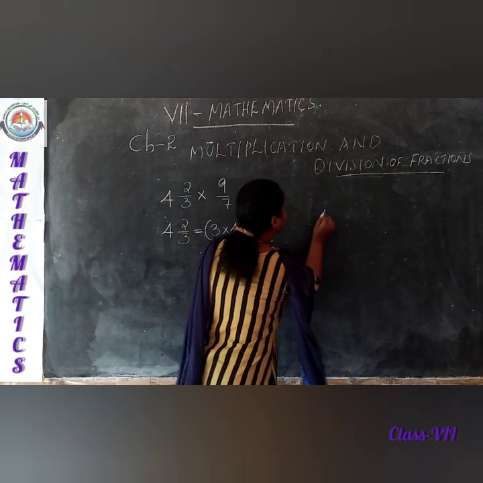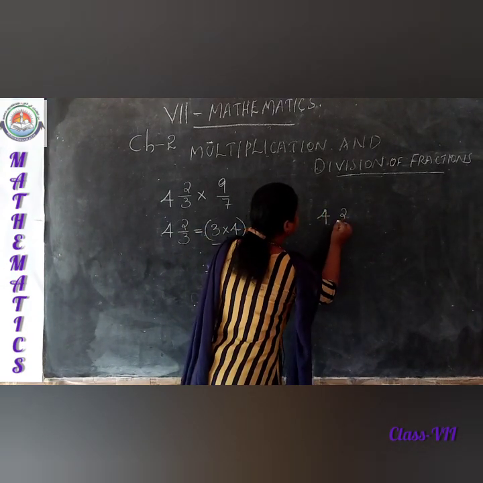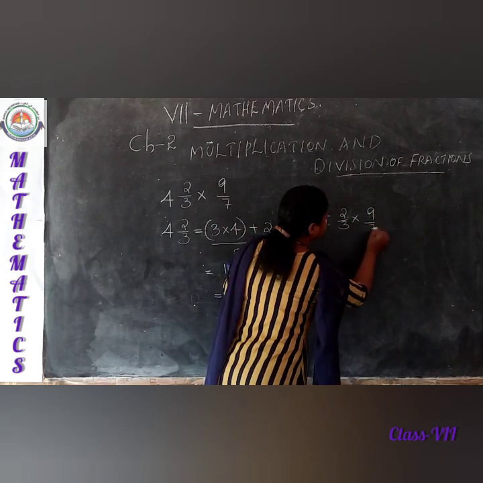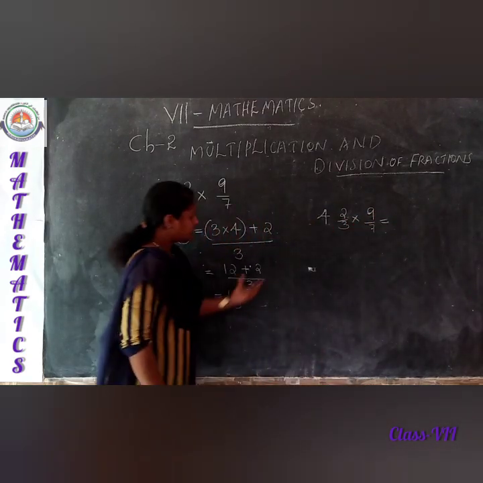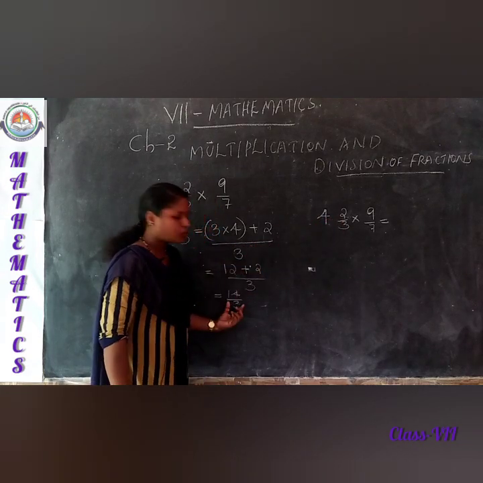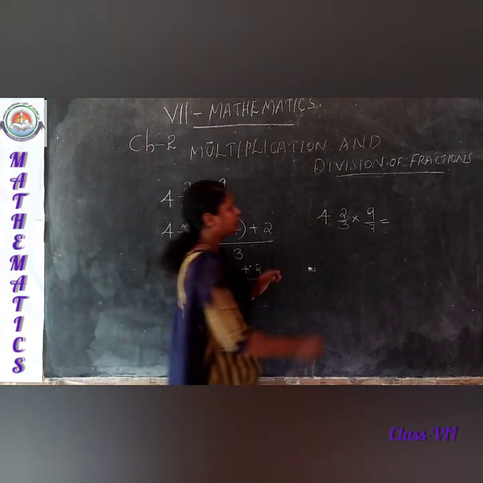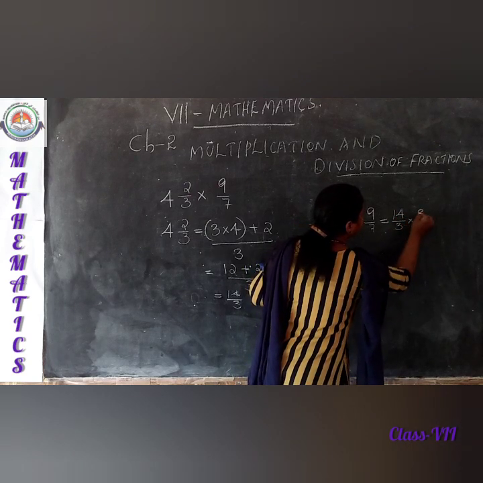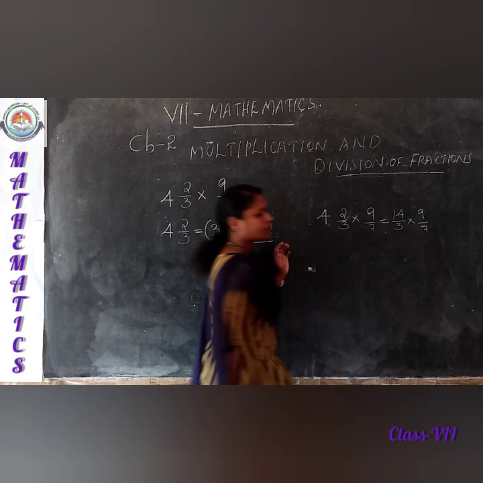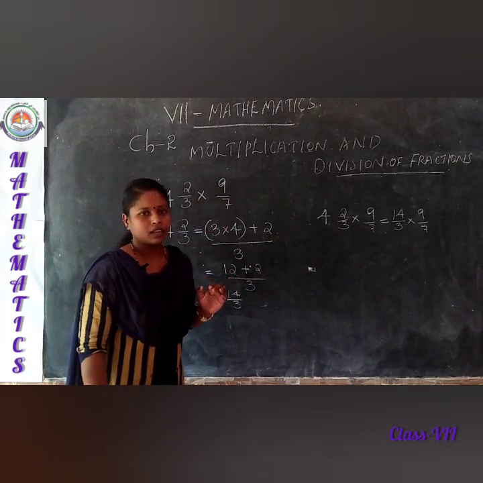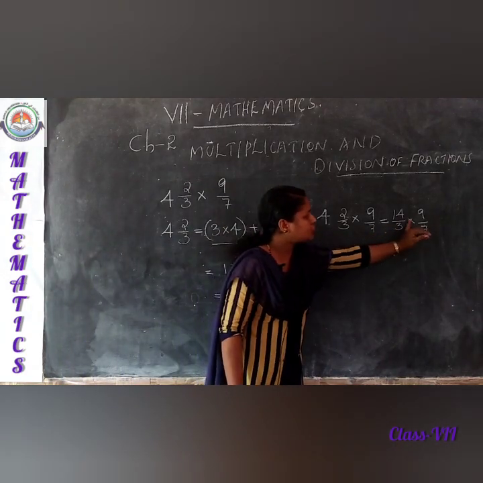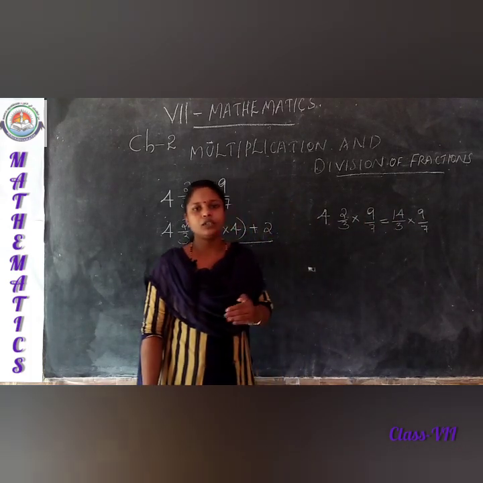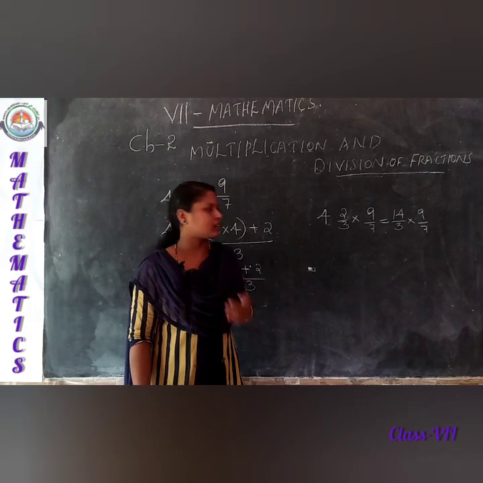That is, 4 2/3 into 9/7 is equal to 14/3 into 9/7. Now we can multiply these two fractions. To multiply these fractions, first we need to remove the common factors.